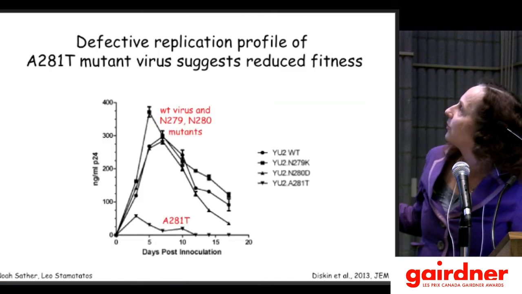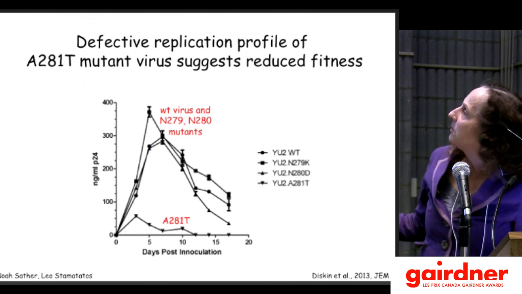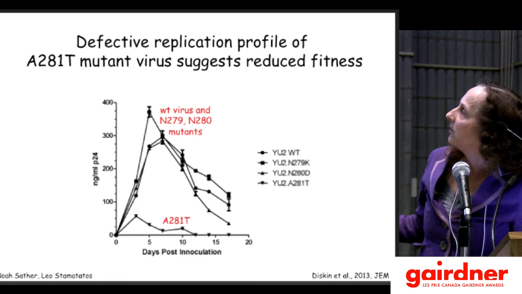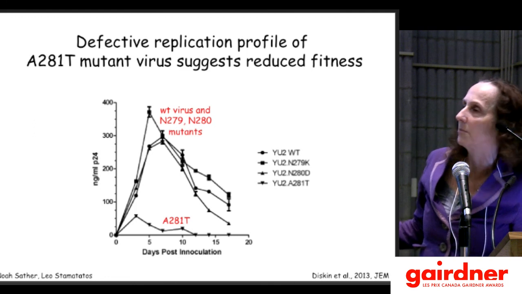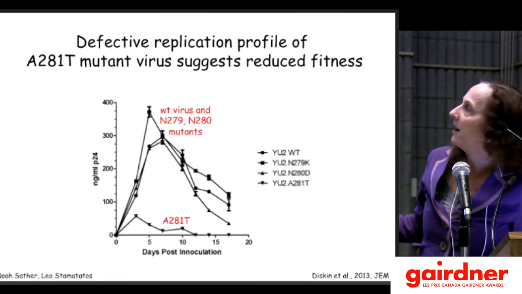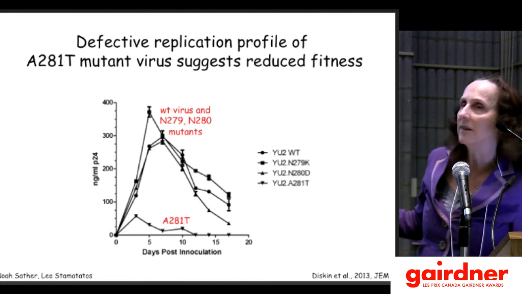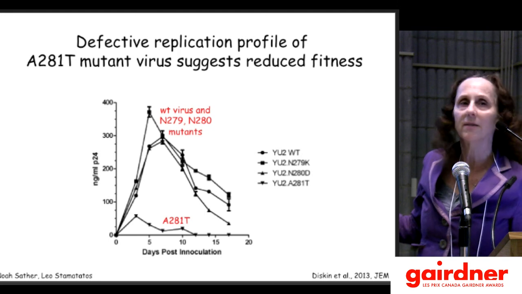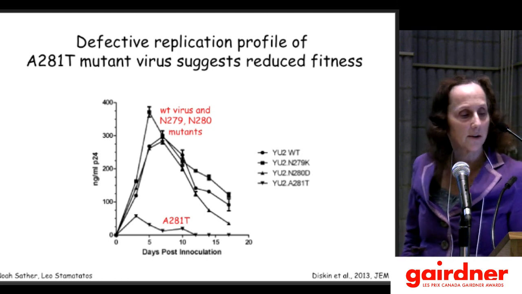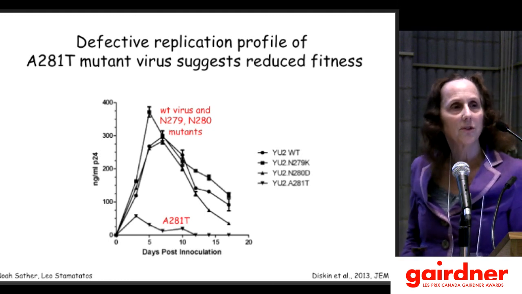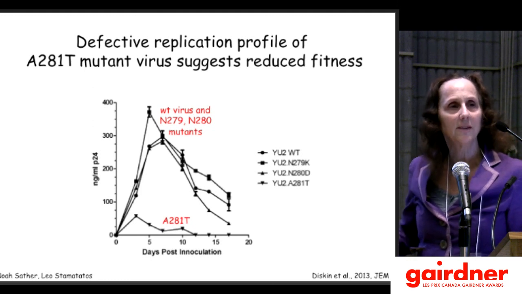And then more interestingly, when you look at that particular mutant in an in vitro fitness assay done by Leo Stamatatos' lab, that mutant is less fit than other mutants and than this parental virus. So we think we've forced the virus, in the presence of this new designed antibody, into a less fit state.